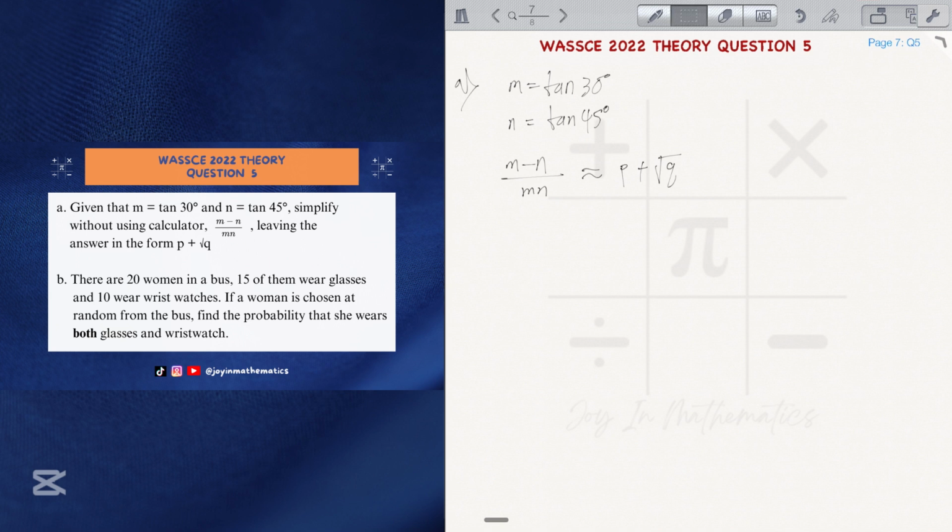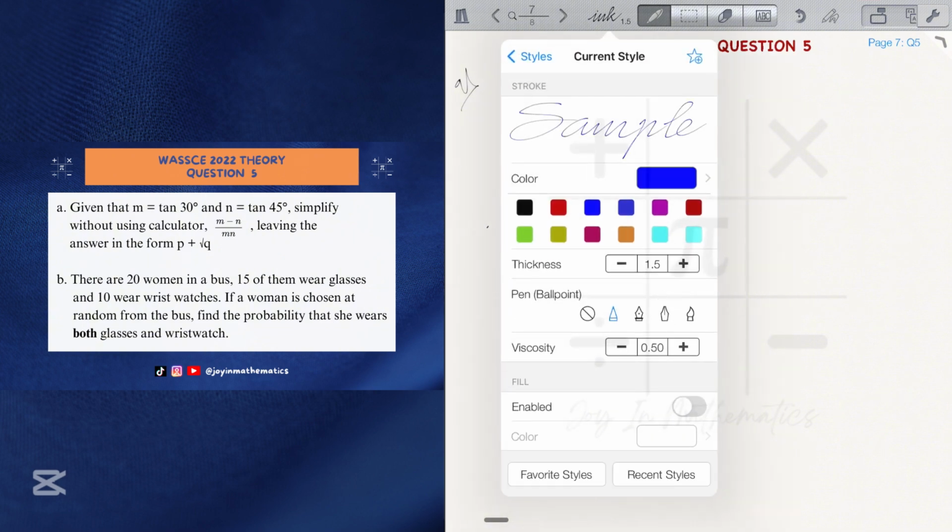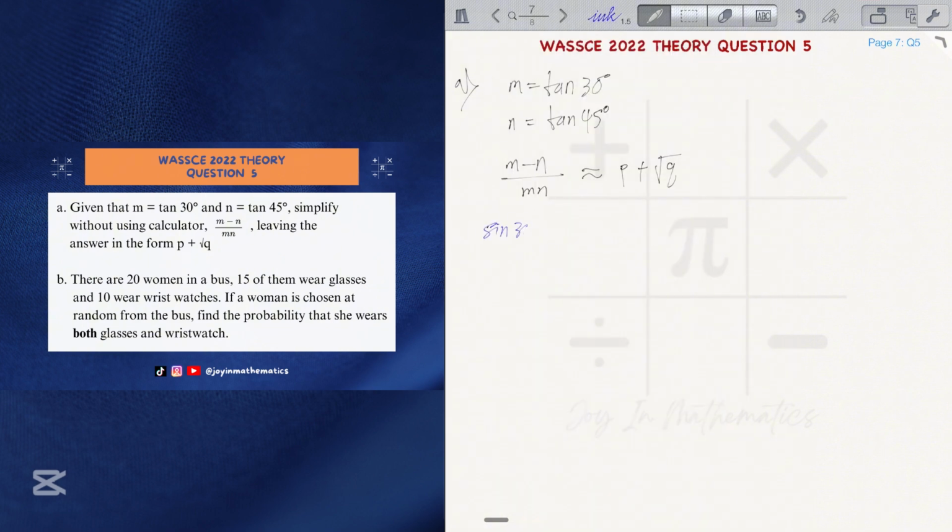Now if we go back to our lesson on trigonometry, we learned about special angles, where we know that sine 30 degrees is equals to cos 60 degrees, which is equals to 1 over 2. Similarly, sine 60 degrees is equals to cos 30 degrees, which is equals to root 3 over 2.